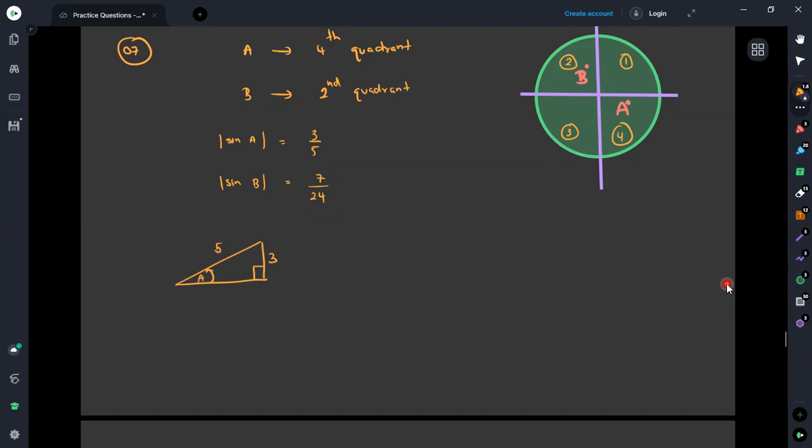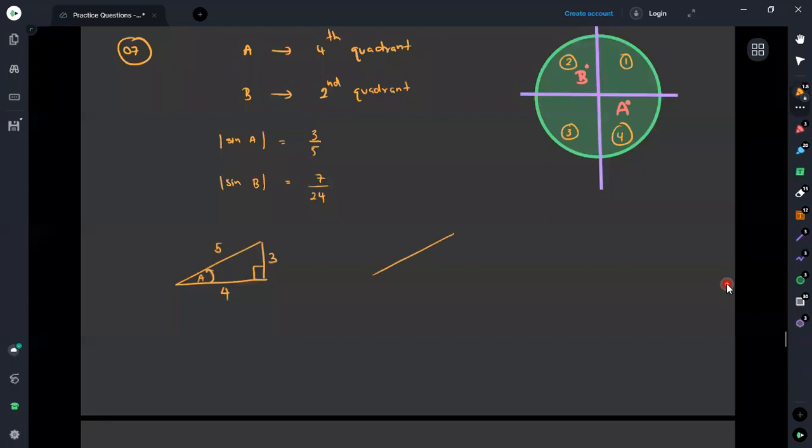Using the Pythagoras theorem, the adjacent side is equal to 4 units.